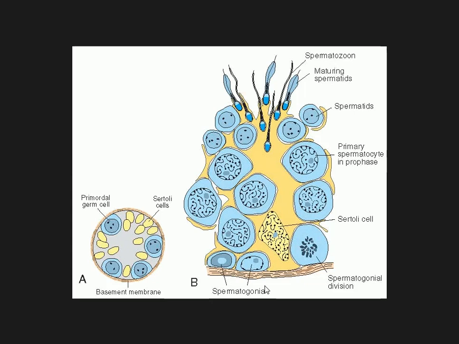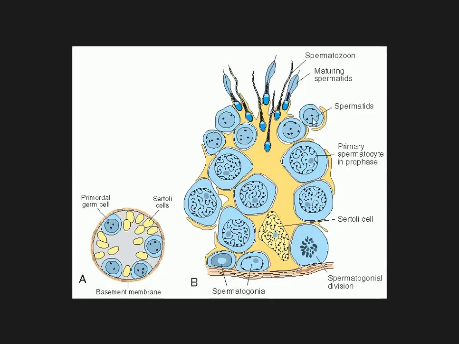And the primary spermatocytes enter the meiotic division. It is the process of conversion of the primary spermatocytes to secondary spermatocytes, and then finally we have a spermatid. This is the primary spermatocyte, and after the first division we have a secondary spermatocyte, and in the second division finally we have a spermatid.